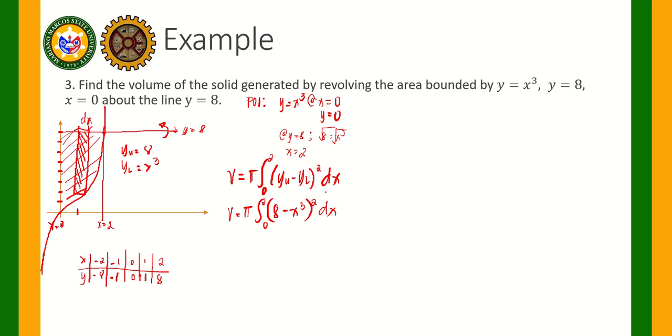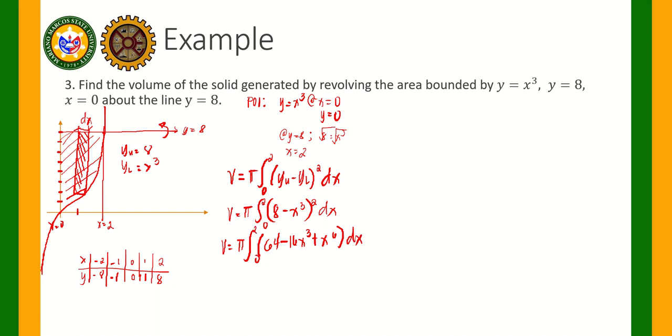Now, we expand yung ating binomial. So, volume is equal to pi, the integral of 64 minus 16x cubed plus x raised to 6 dx limits from 0 to 2.